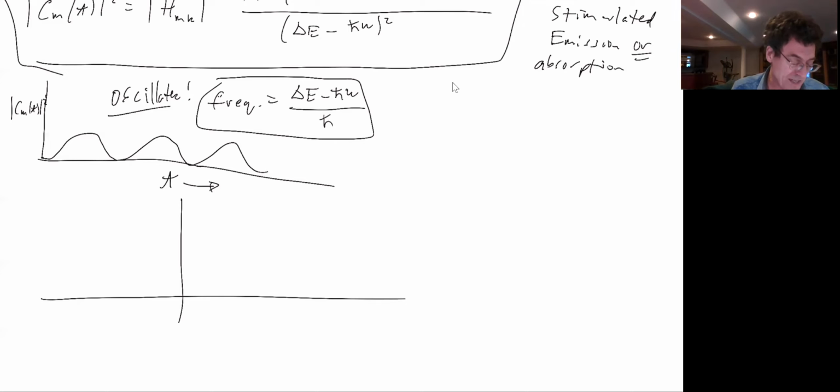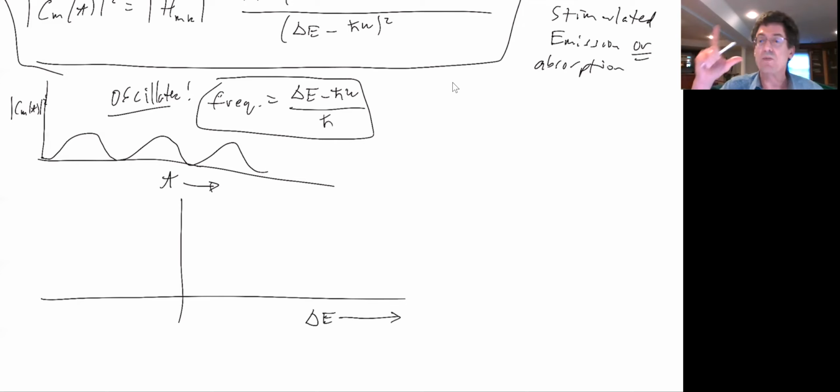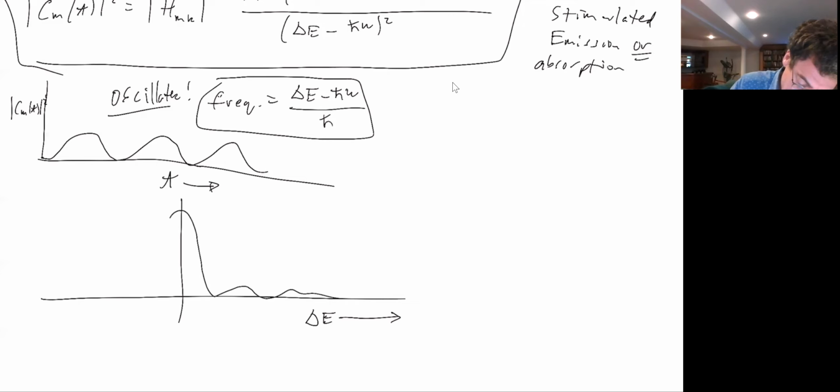But now because of the structure of that function, it's not just the energy difference. If we plot the probability of a transition as a function of the energy difference between the two levels, then we'll see that the maximum probability is when the energy difference, delta E, is equal to, and you guessed it, h bar omega.